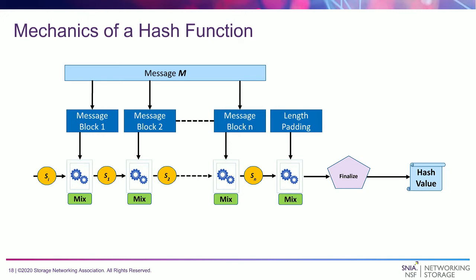You run a chunk of data through, and I'm oversimplifying here, but you run a block of data through the algorithm with that seed value. It produces essentially a value that's used as input along with the next block, and you repeat the process all the way through the end.